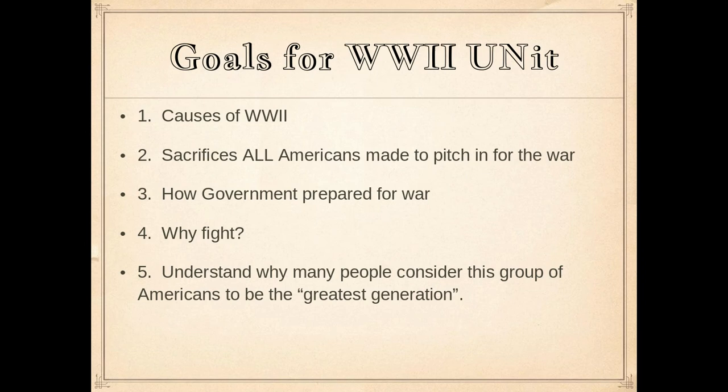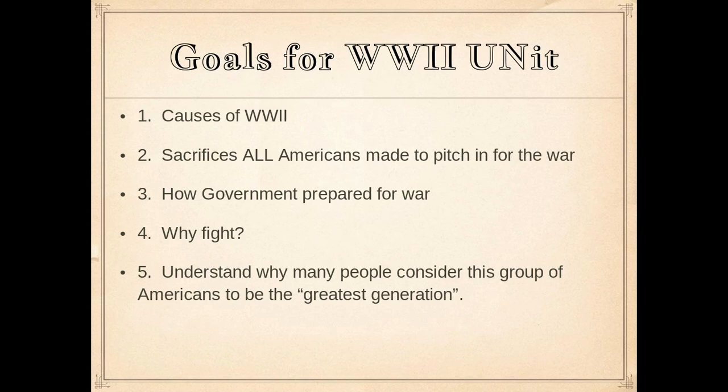They put their lives on the line for a cause such as this. When you have Hitler killing 6 million Jews, and you had all this hate going on in the world, they answered the call. And this group, after the war, will also be a big part of the growth of the country as well.